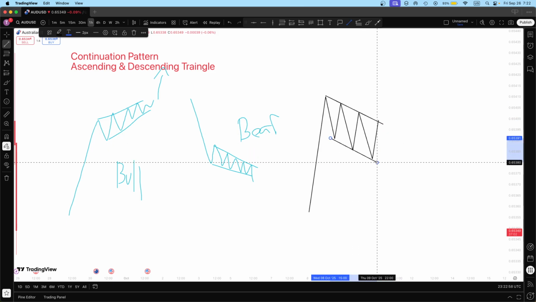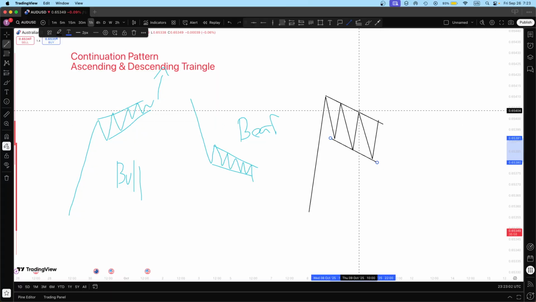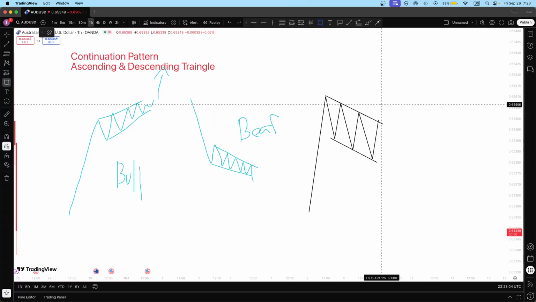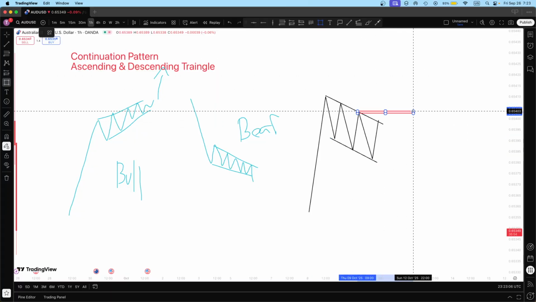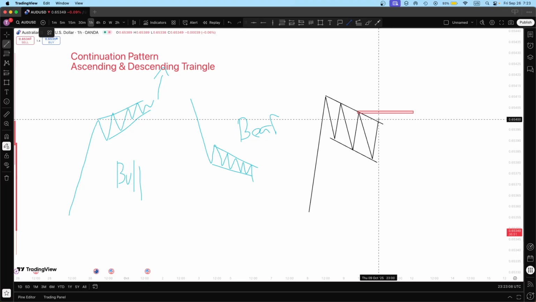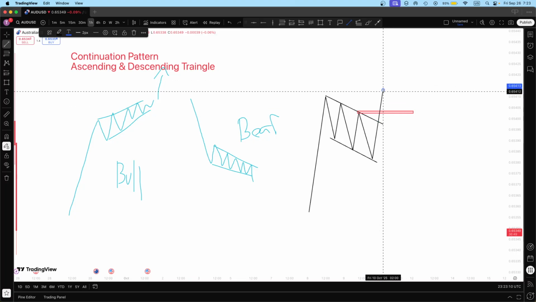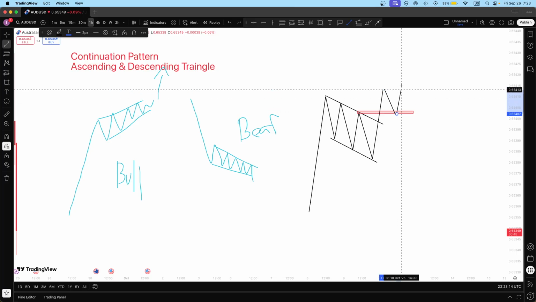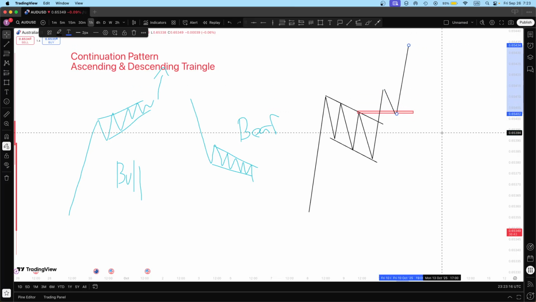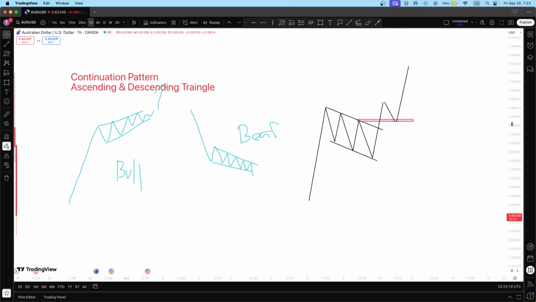The corrective structure is more like a flag, and how we look at it is, let's say it breaks above this point, on any retracement we can take a trade and look for higher points.